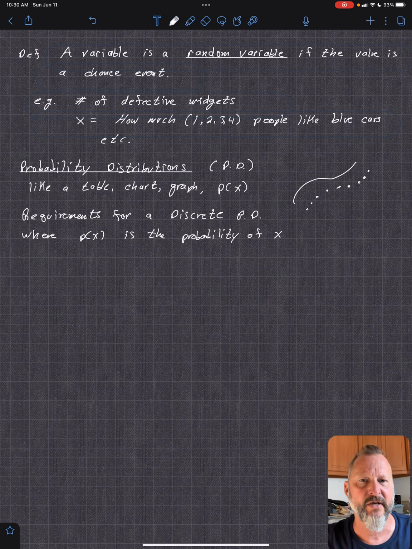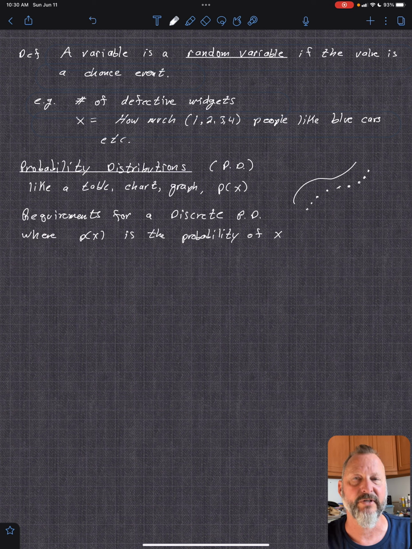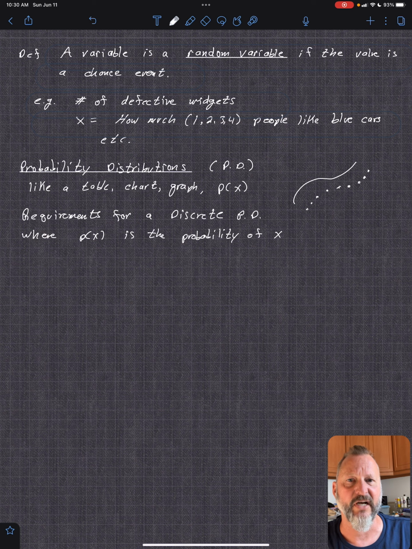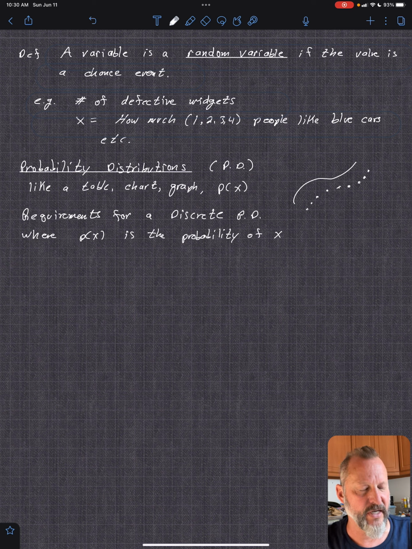It could be the probability to flip 3 heads in a row, which is 0.5 times 0.5 times 0.5, because each flip is independent, and you just multiply them. So it's 1/8. The probability of flipping 3 heads in a row is 1/8. That is a probability of X, whatever X may be.